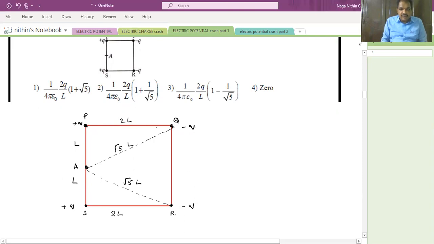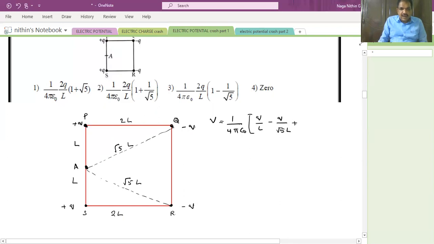V net is equal to, what we will get? V is equal to 1 by 4 pi epsilon naught common here. So because of P, Q by L, because of Q, minus Q by root 5 L. Okay.